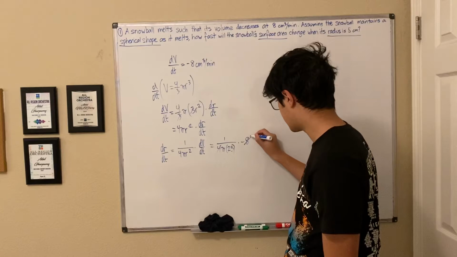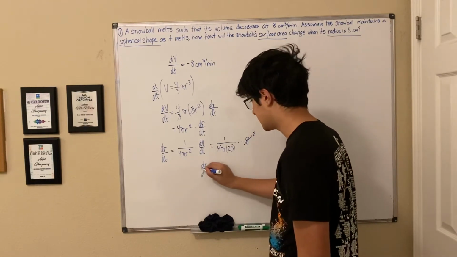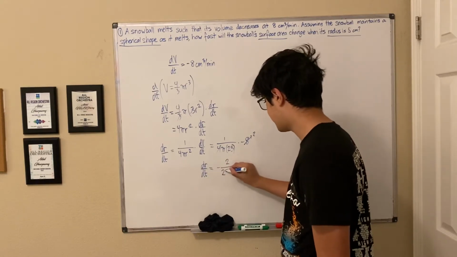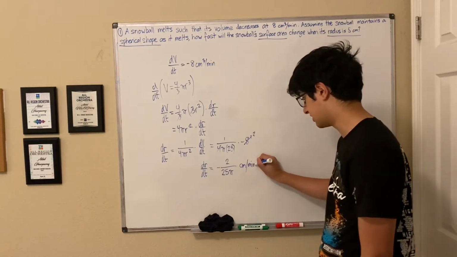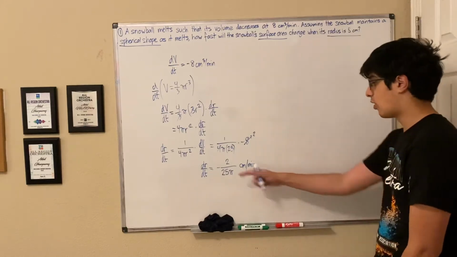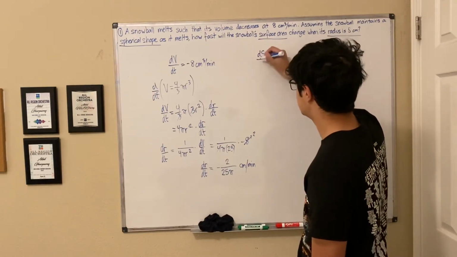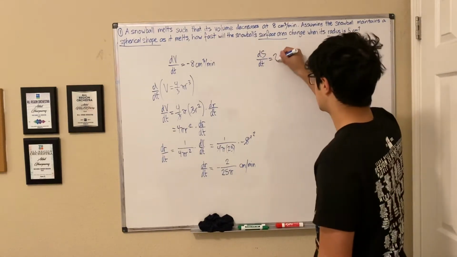The 4 cancels out with an 8, leaving a 2 on top, and we get that dr/dt is equal to negative 2 over 25 pi. And the units for this are centimeters per minute because radius is measured in centimeters. So, what can we do with this? This isn't our final answer because we're actually looking for dS/dt, or the rate of change of surface area with respect to time. So how can we do that now?